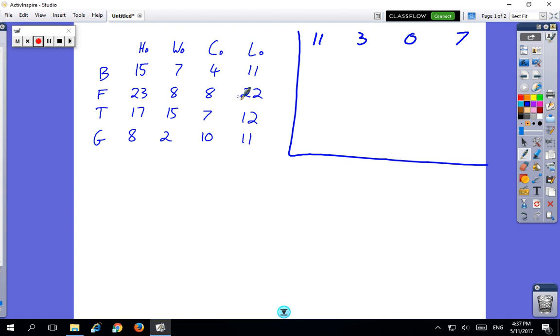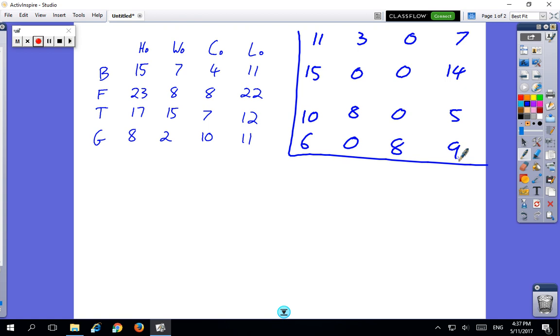The next row, the smallest is 8, so we take 8 away, and it's going to be 15, 0, 0, and 14. Then 7, we'll take 7 away: 10, 8, 0, and 5. And lastly, we'll take 2 away, so 6, 0, 6, 0, 8, and 9.